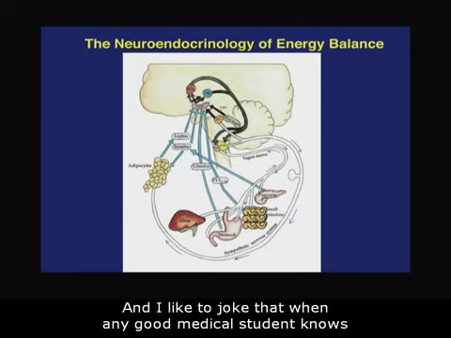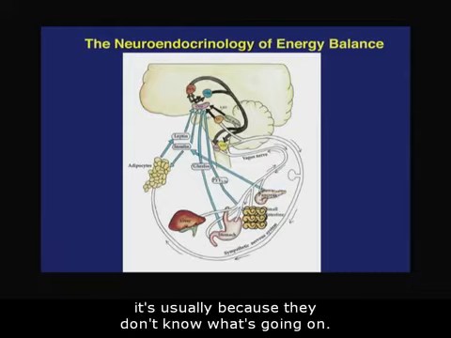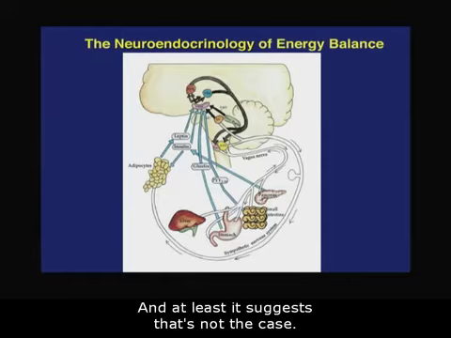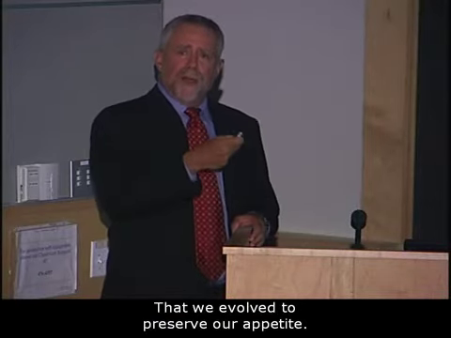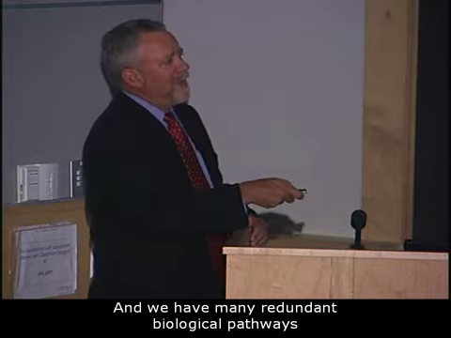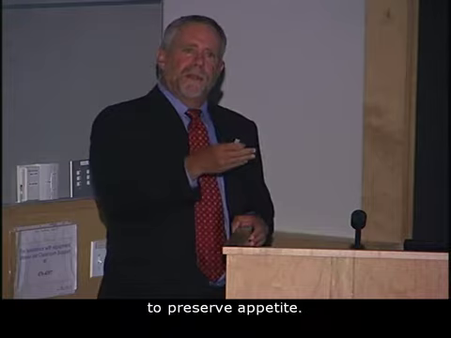I like to joke that any good medical student knows that when the professor shows any slide with this many arrows, it's usually because they don't really know what's going on. And at least it suggests, if that's not the case, that this is awfully complex, that we evolved to preserve our appetite, and we have many redundant biological pathways to preserve appetite.